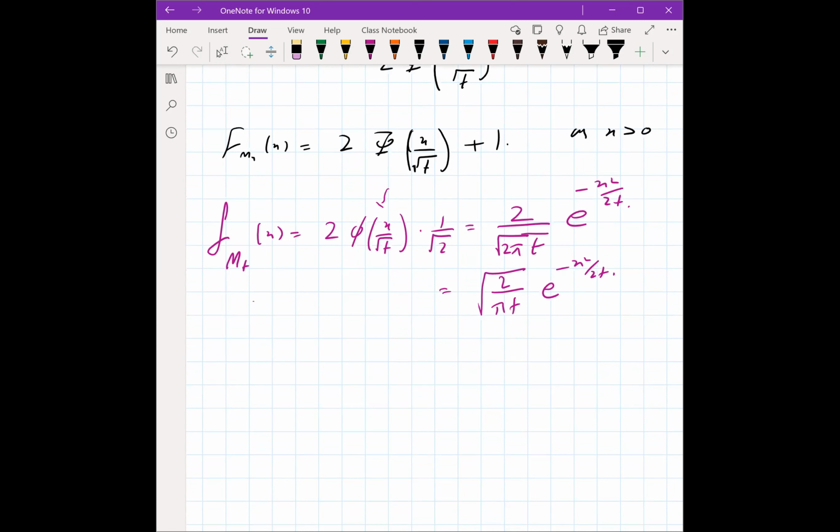What one should say is that the limit of random walk is a Brownian motion.